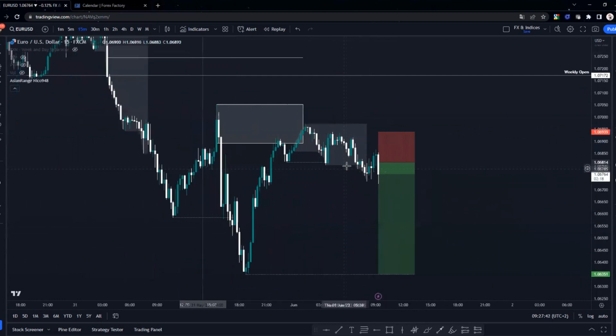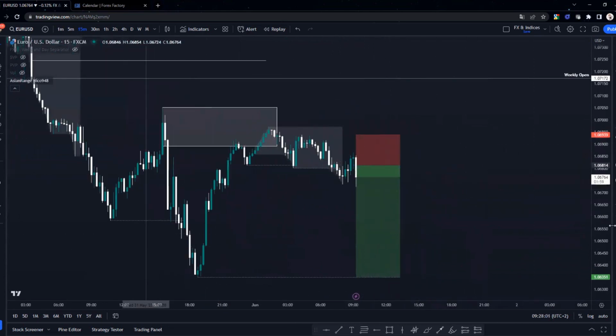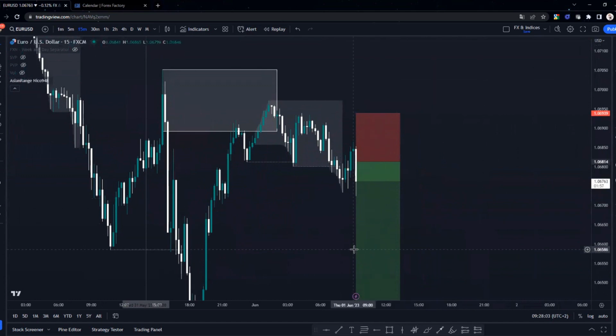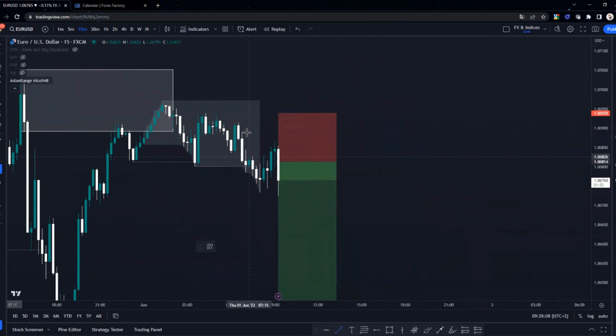And yeah, the setup I'm taking here uses this logic. We had this recent break of structure going with the new formed bearish structure after this bullish push and reaction from the previous supply zone. So at 9 a.m. we had this push taking out all this intra-range liquidity here.